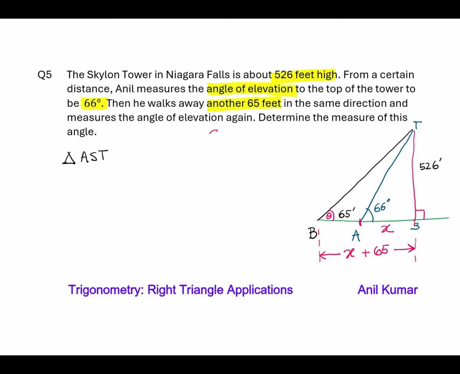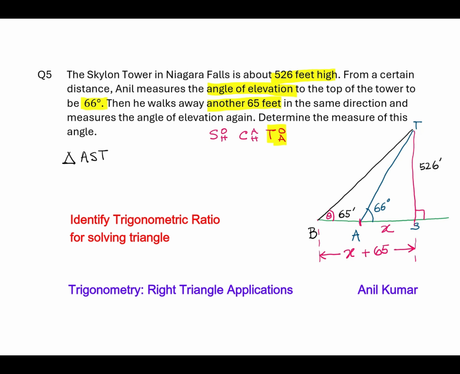Since you know SOHCAHTOA, right? Sine is opposite over hypotenuse, cos is adjacent over hypotenuse, tan is opposite over adjacent. Now, in this case, we are working with opposite and adjacent side, so we are going to use tan ratio, right?